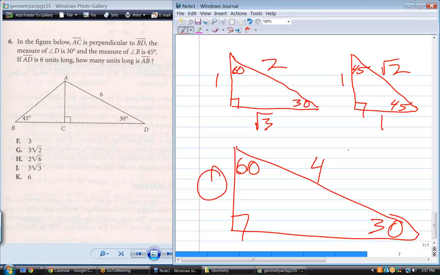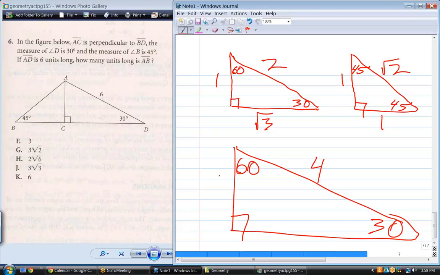Compare the hypotenuse of one with the hypotenuse of the other. What's the ratio? Four divided by 2. Okay. 2. That's the similarity ratio. The similarity ratio is going to be the ratio of each proportional side to the other.